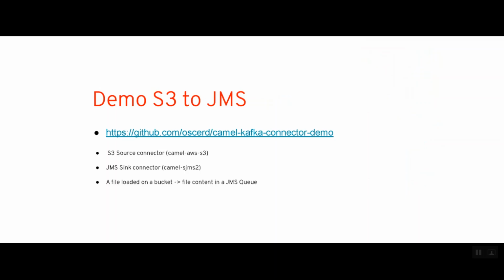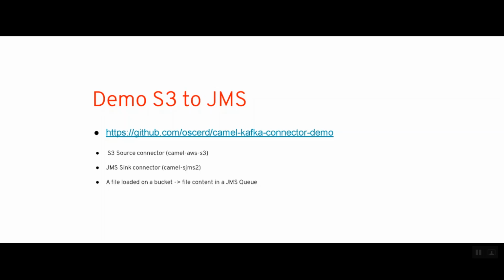But let's see how Camel Kafka Connector works. I will show you a demo of Camel Kafka Connector from AWS S3 to JMS. In this case, we will use the S3 source connector through the Camel AWS S3 component of Camel 3, and the JMS sink connector from the Camel SJMS2 component from Camel 3.